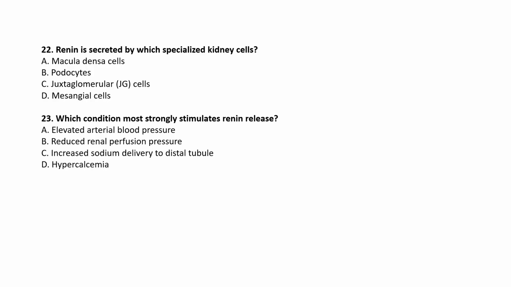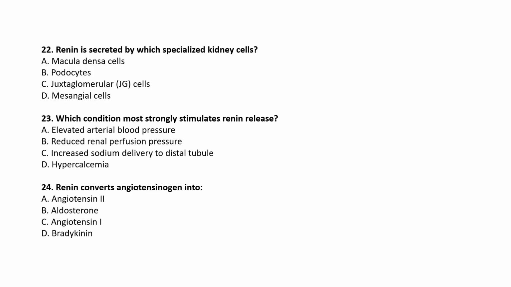Okay, all right, let's go to the next question. Renin converts angiotensinogen into which of these compounds? This one follows from the video you watched and your coursework. So angiotensinogen comes from the liver, and there's this angiotensin 1, right?